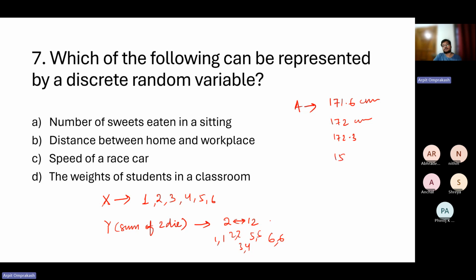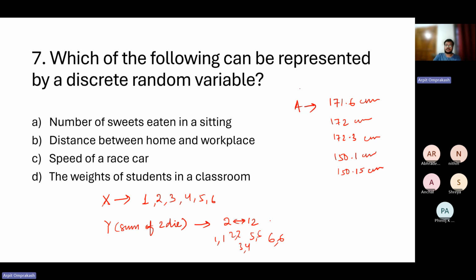It can be 150.1, right? And it can also be 150.15. Right? So it can take on multiple different values. It can take up values from a continuous range, right? So that's why it's a continuous random variable. And in the case of a discrete random variable, we have defined values that the random variable can take.